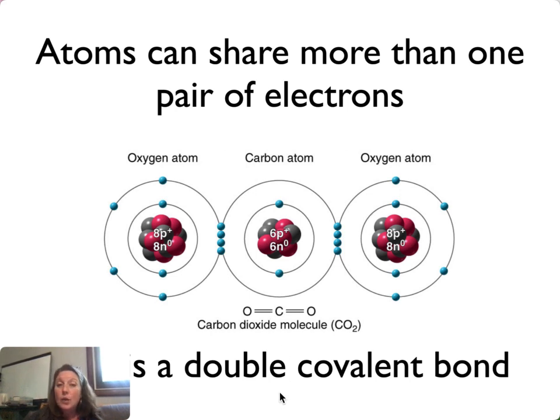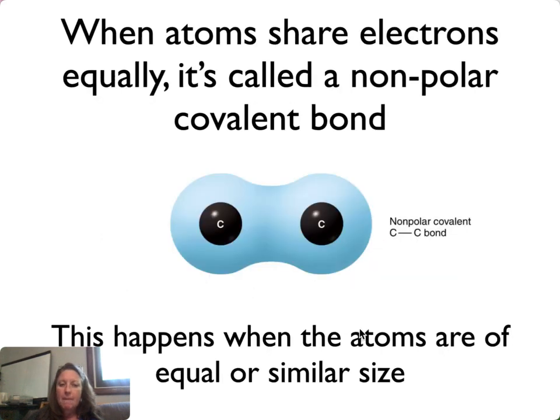So we have single covalent bonds like we saw with two hydrogen atoms forming H2 or the hydrogen molecule. And we have double bonds that we see here in carbon dioxide. Double bonds are stronger than single bonds. Covalent bonds in general are the strongest bonds that we have. They're much stronger than ionic bonds.